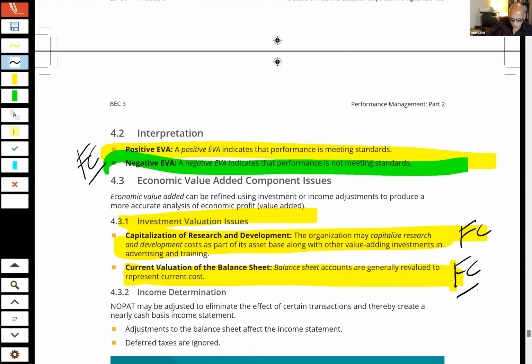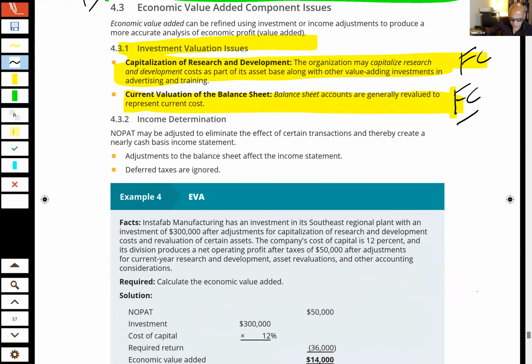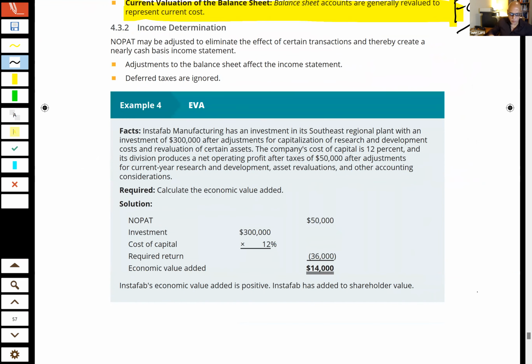Okay, good. So let's look at an example of how we would use EVA here to calculate something. They tell us that Instafab Manufacturing has an investment of 300,000 after adjustment for capitalization of research and development.